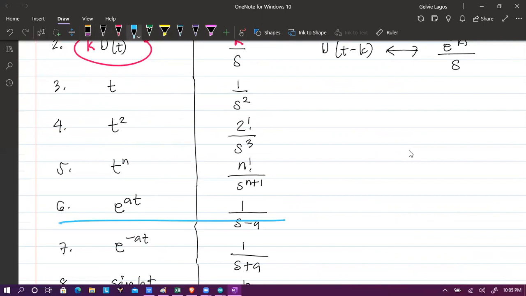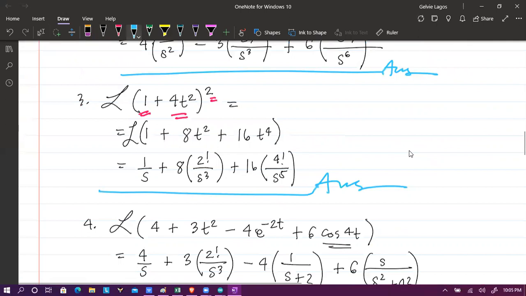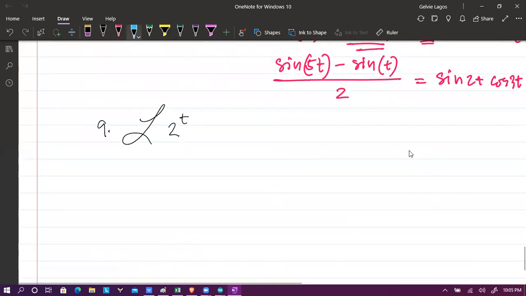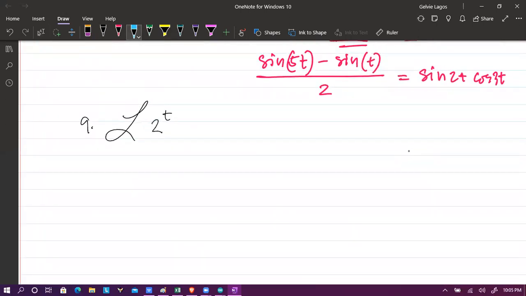This is e raised to at, equal to 1 over s minus a. That is only given. But in the last problem, we are going to take the Laplace transform of 2 raised to t. So we need to convert 2 raised to t into an exponential function e raised to a certain value.